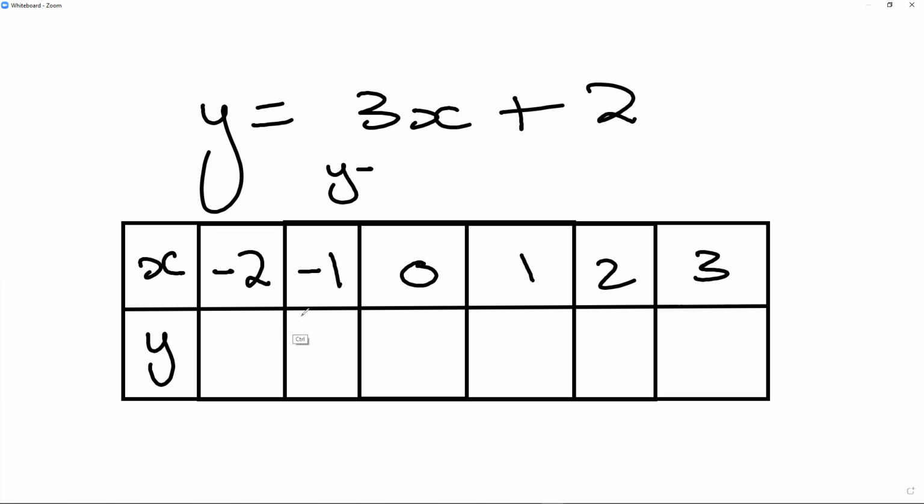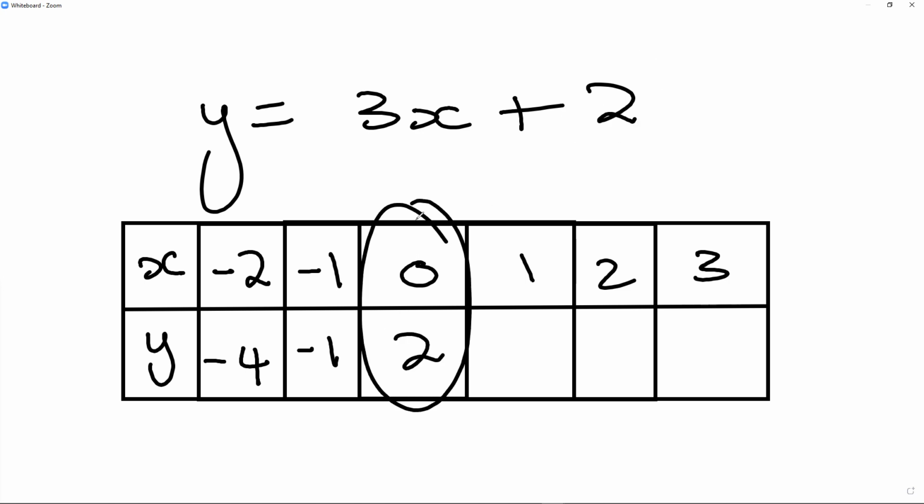If I substitute negative 1, I get negative 3 plus 2. Negative 3 plus 2 using integers is negative 1. If I put 0 in here, I get my y-intercept, my c value, whatever value you're going to call it, where it cuts the y-axis. If I put x equal to 0, I get my y-intercept. And that's a nice starting point, remember, when you have to find the gradient.